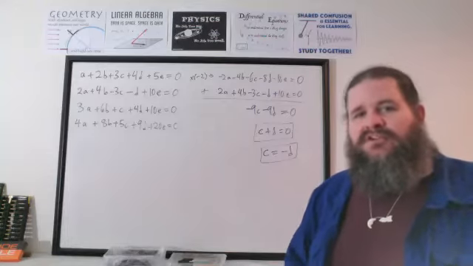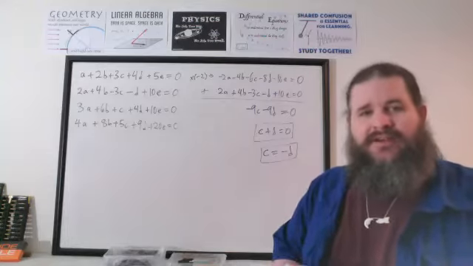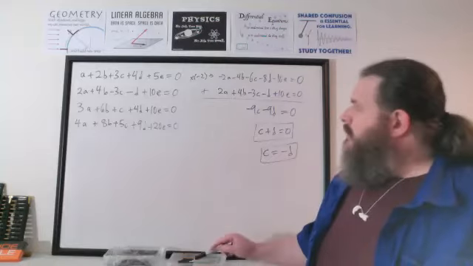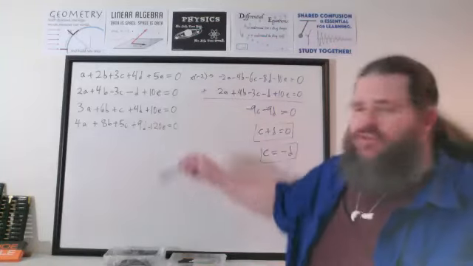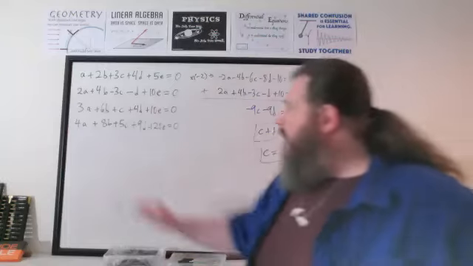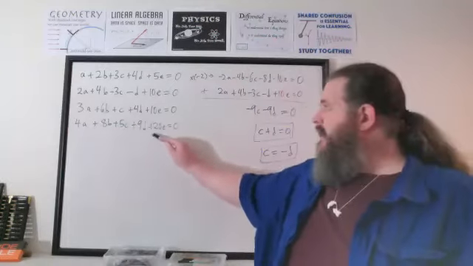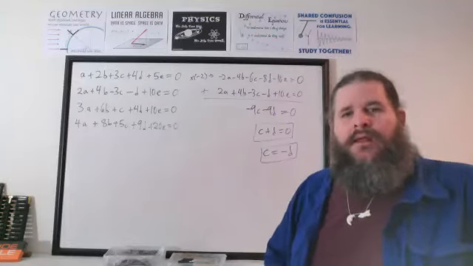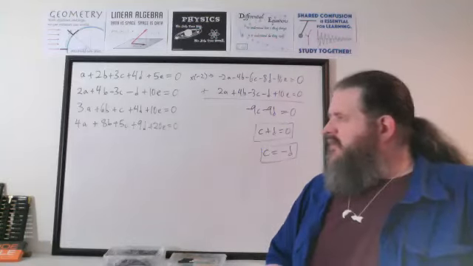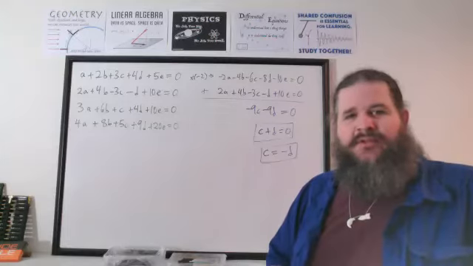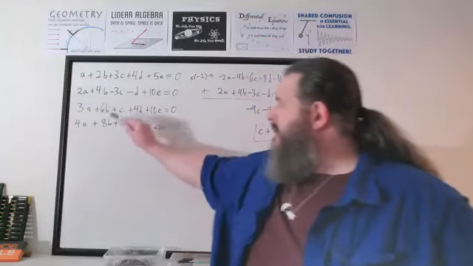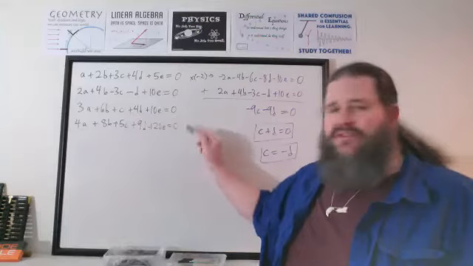There is, however, a much more streamlined way to do this. Since we have all of these equations written in the same format, since they're all something A plus something B plus something C plus something D plus something E equals 0, then we don't really need to list out the variables. Like this equation, 4A plus 8B plus 5C plus 9D plus 20E equals 0.